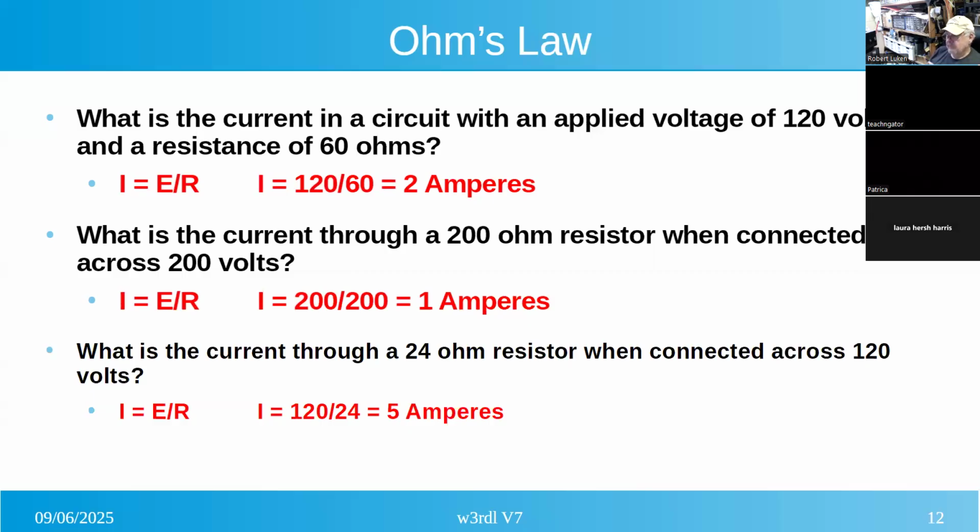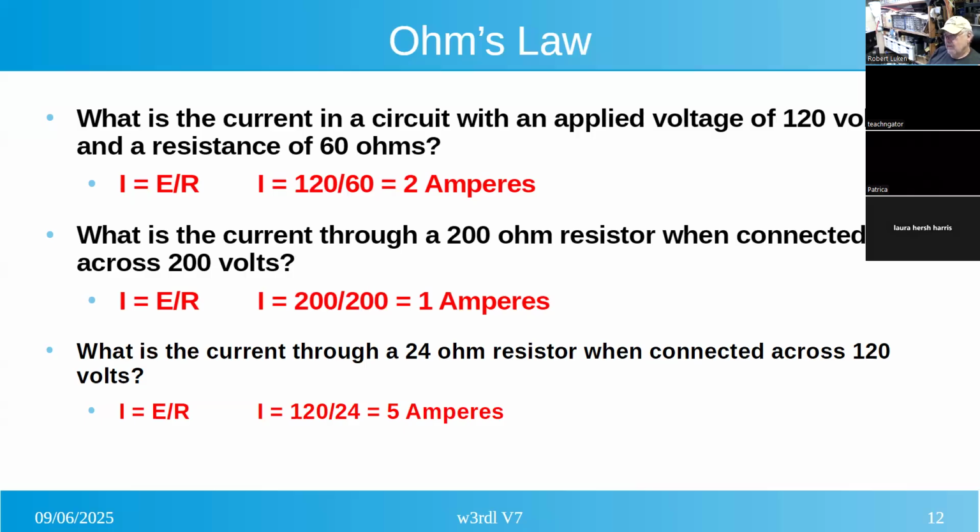If we have 200 ohms and 200 volts, we plug 200 and 200 into the formula, and we get 1 ampere. And if we had 24 ohms and 120 volts, it's going to come out to 5 amperes.